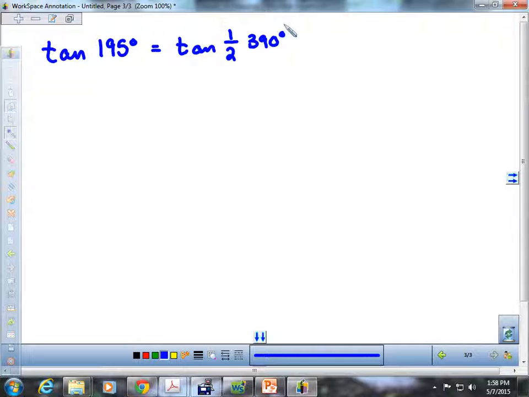Now, we never deal with angles that are outside of 360 degrees, though. What are we going to do to 390? We're going to subtract off 360. 390 degrees behaves the same way as 30 degrees. So this is the tangent of 1/2 of 30 degrees.